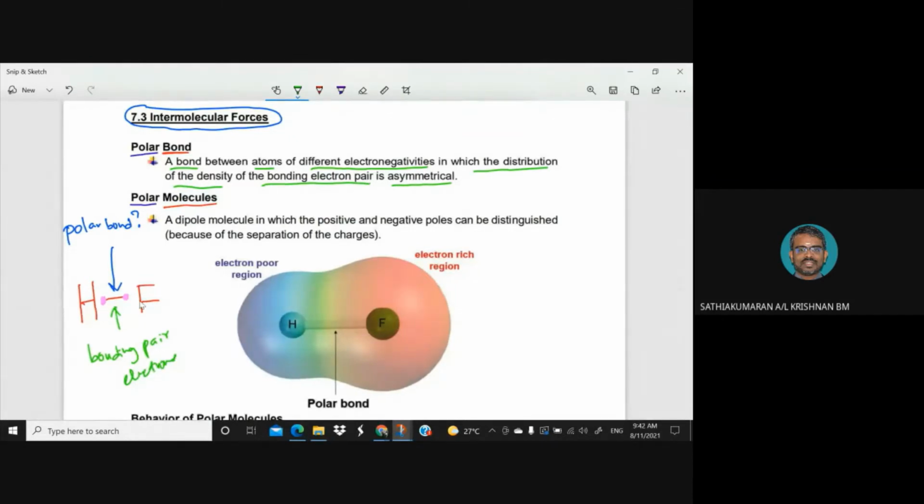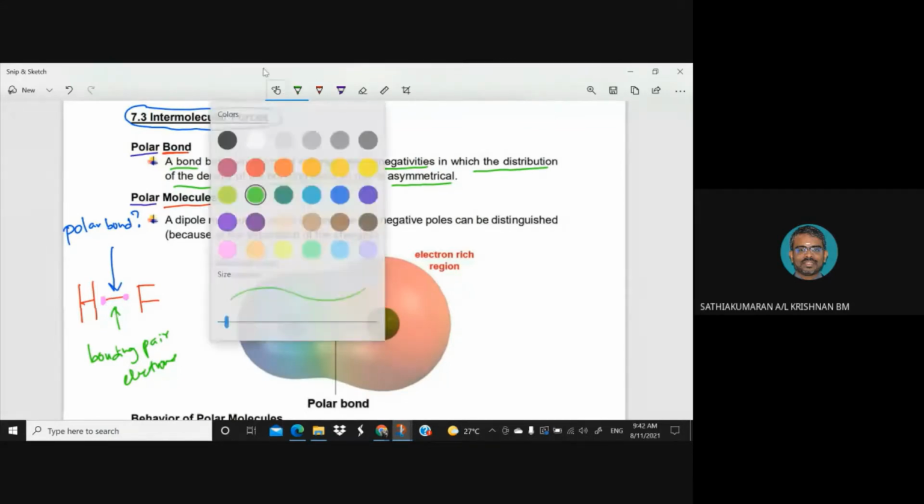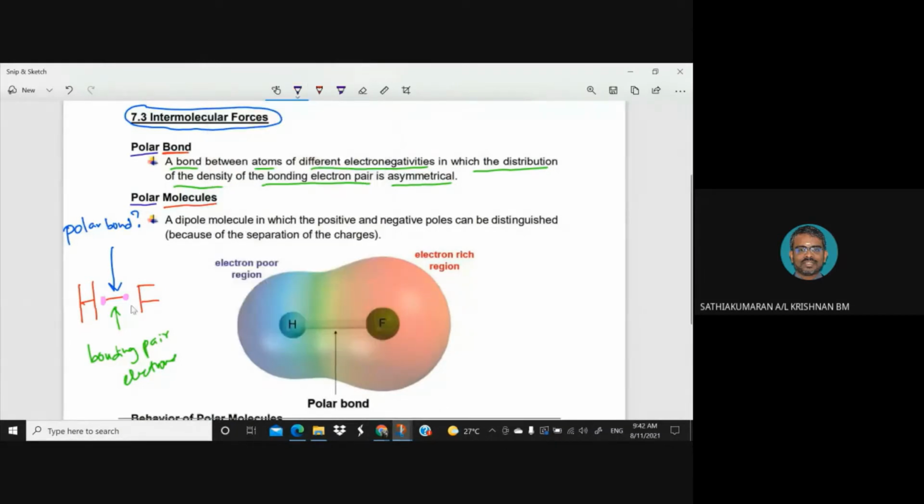So which atom has the greater tendency to attract this bonding pair of electrons towards itself? Is it fluorine or hydrogen? So you have to see the electronegativity. Which atom has higher electronegativity? Still remember the lesson we studied before this?